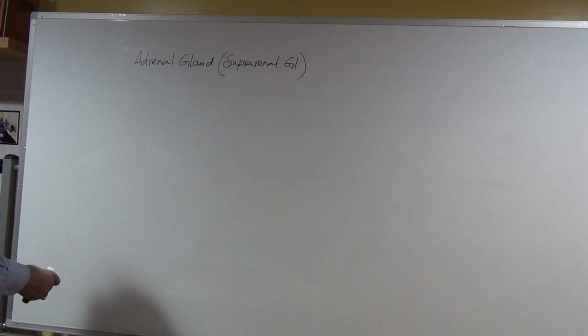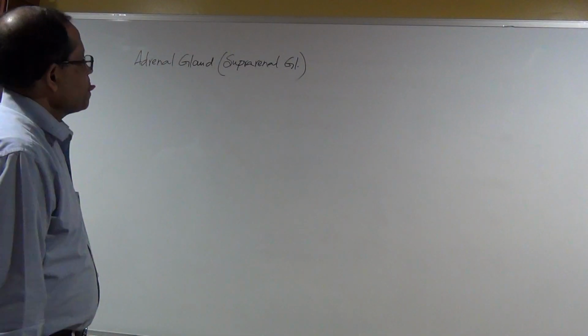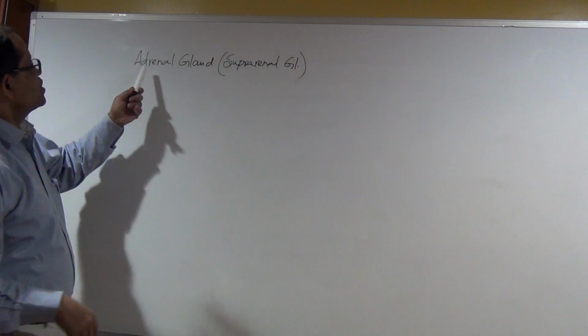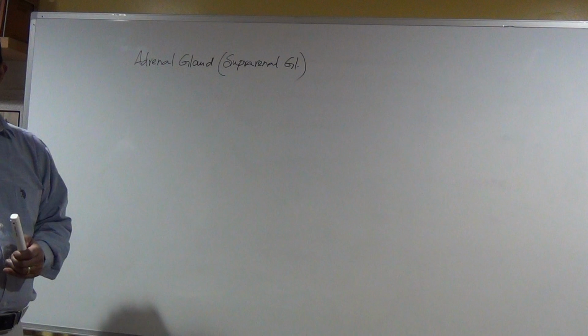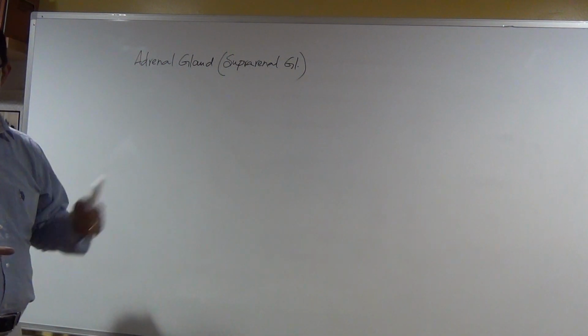It's over the kidney. Supra means superior. It is on the superior upper pole of the kidney. Why is it called adrenal gland? Because it produces adrenaline and noradrenaline hormone. That's why its name is adrenal gland.